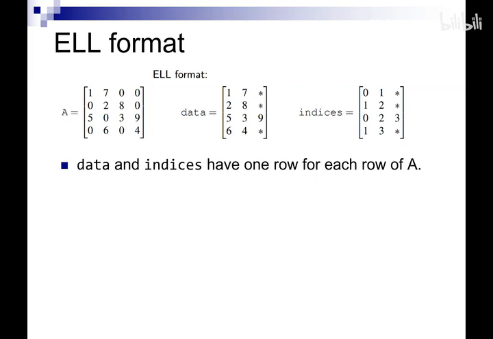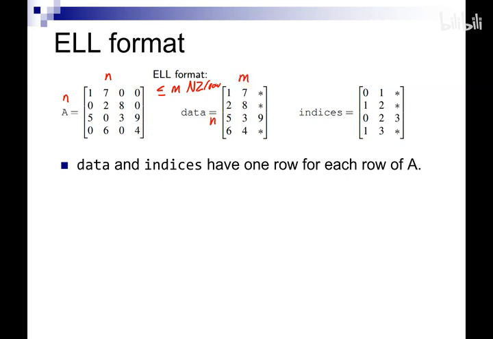Assume that A is an n by n matrix, but that we know each row has at most m non-zeros. I'm going to write non-zeros per row as nz per row.